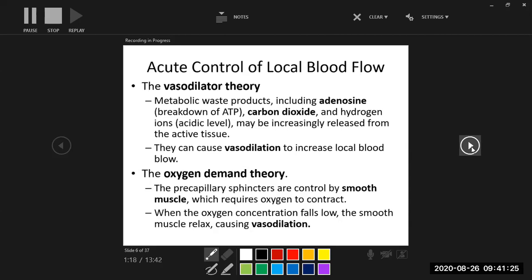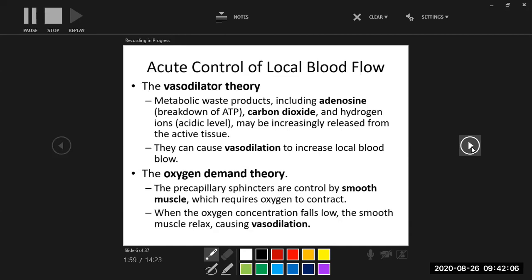And all these are known to be vasodilators. They can act on the vessel to make the smooth muscle relax and to open up the blood vessel. So with this theory, it makes sense that when we use our tissue, it generates these metabolic waste products, and those molecules will then act on the vessel to cause vasodilation.